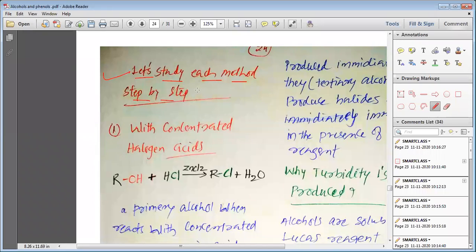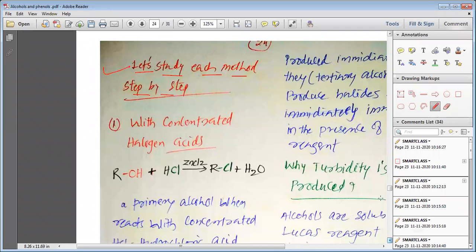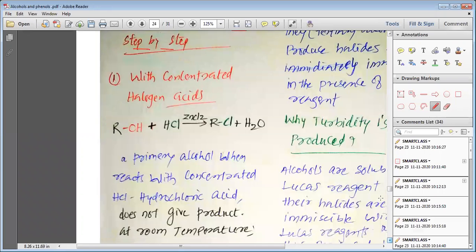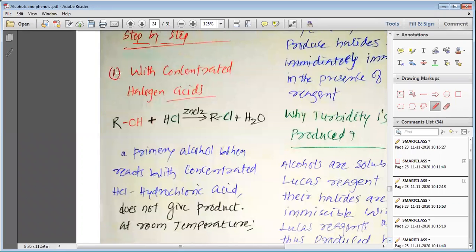Let's then study each method for the preparation step by step. Now we have studied this topic in the previous chapter with concentrated halogen acids. In the previous chapter we saw that when alcohol reacts with HCl in the presence of ZnCl2, they give RCl.